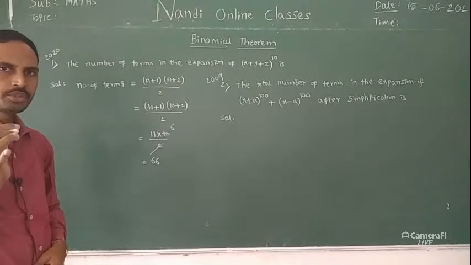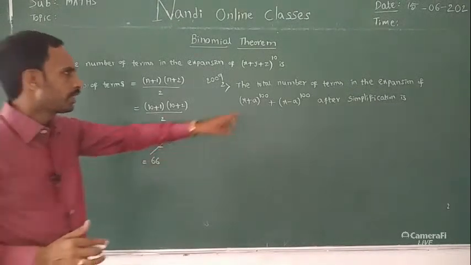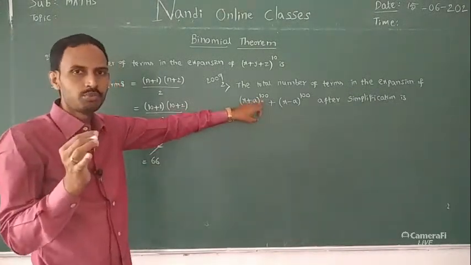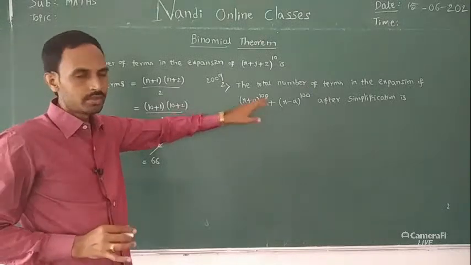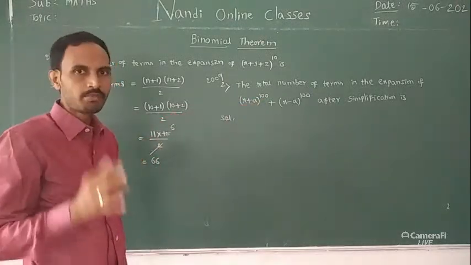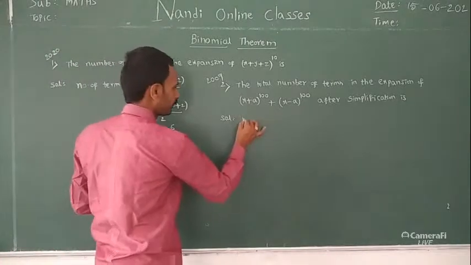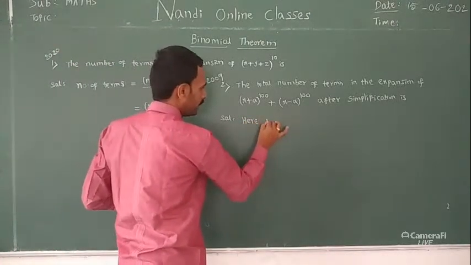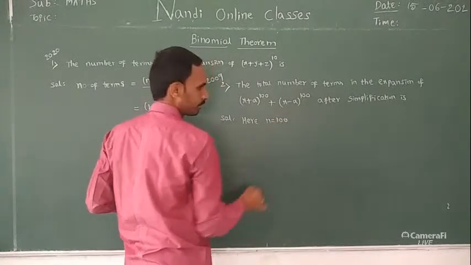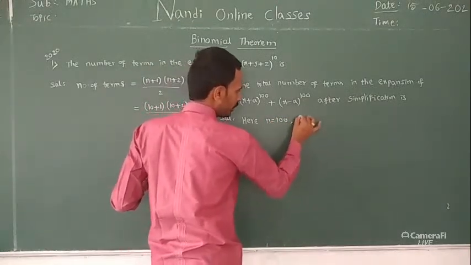So according to the ninth formula, here n value is 100, which is an even number. So the number of terms formula is n plus 2 by 2. So here n is equal to 100, which is even.